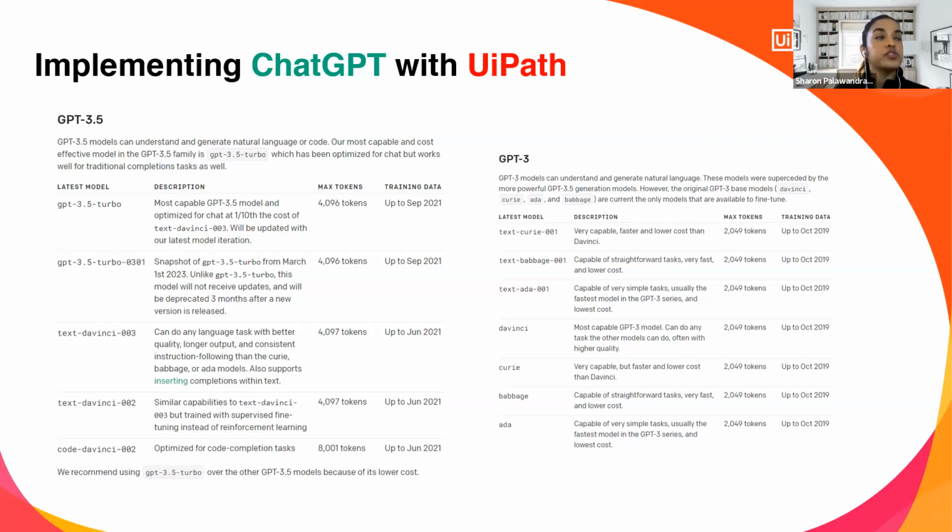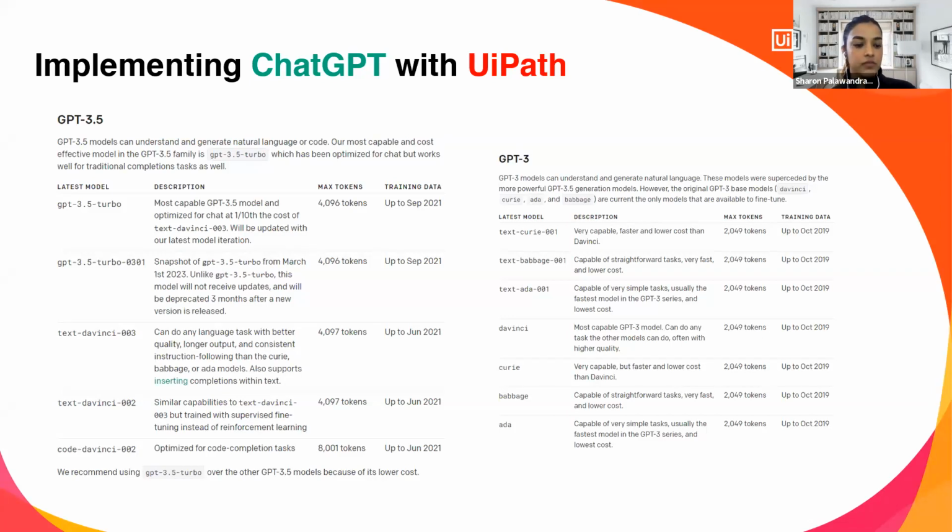And if you use the lower versions of GPT-3, it would only have information up to 2019. This is the differentiation on why there are so many models. It's based on their training data, their tokens, their GPU speed, efficiency, performance speed, and the cost.